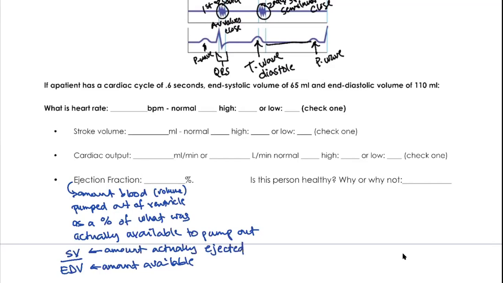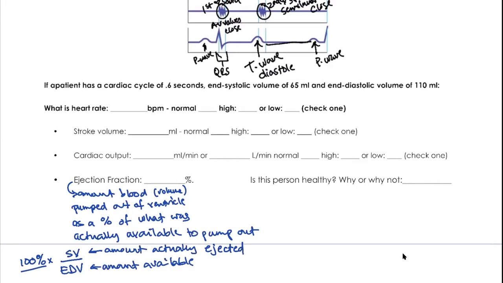So it's the amount ejected divided by how much you have available, and obviously you multiply it by 100 to get a percentage, right? And that's your ejection fraction. You're looking at how functional your heart is, right? Because you have a certain amount of blood available, how much is actually being ejected.